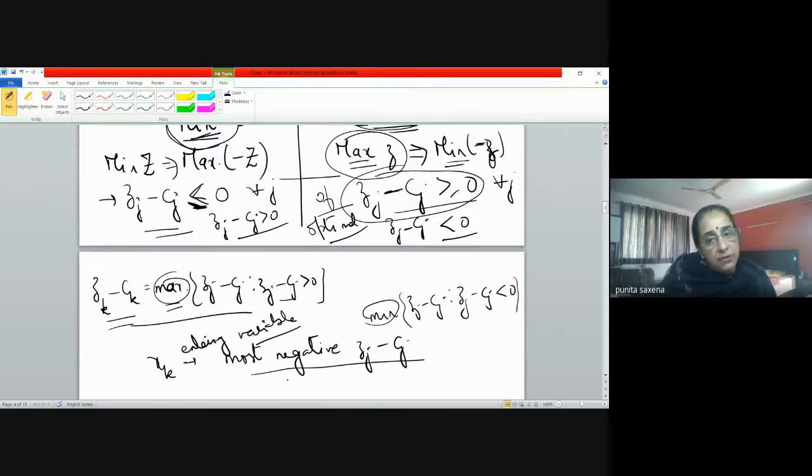As far as the leaving criteria is concerned, it does not change because the leaving criteria is not dependent upon Z. It remains the same. Is this clear?